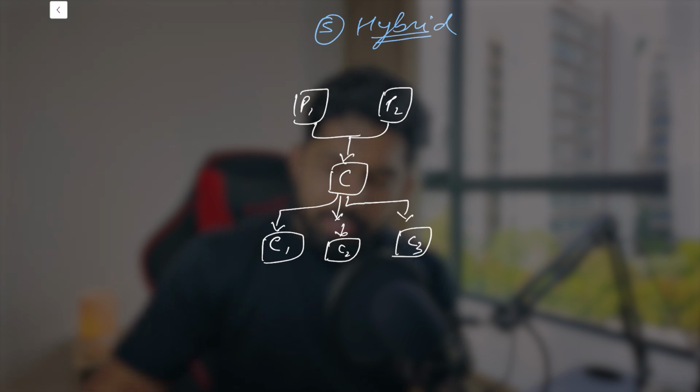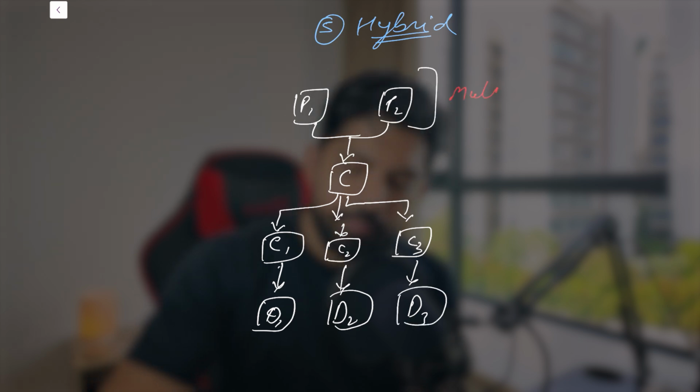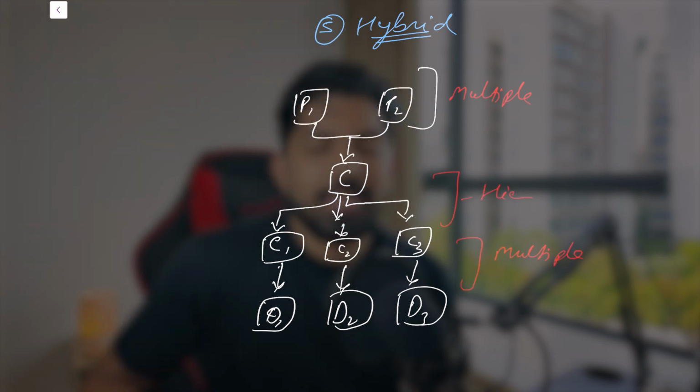Correct? And here also we can have multi-level also. Let's say D1 and D2 and D3. So this is the multiple, right? And this one is the hierarchical and this one is the multi-level. So this is the example of the hybrid inheritance.